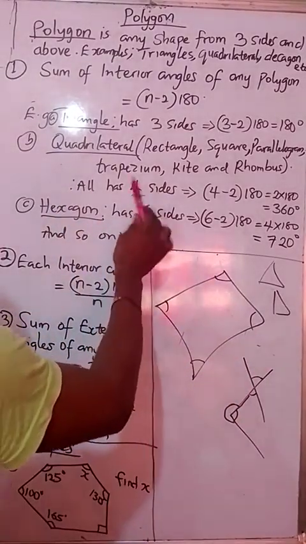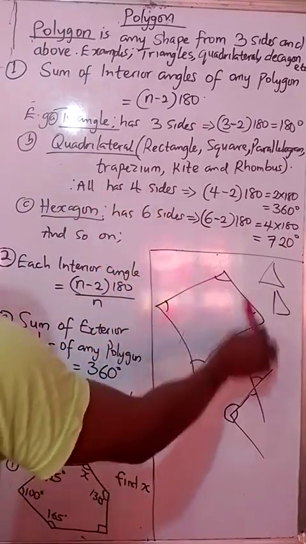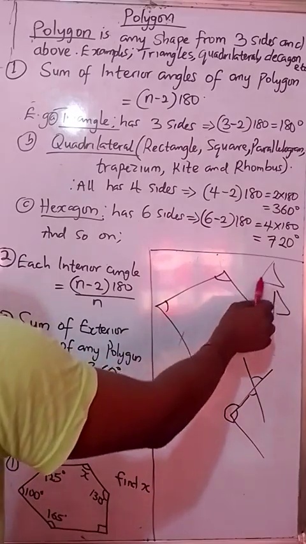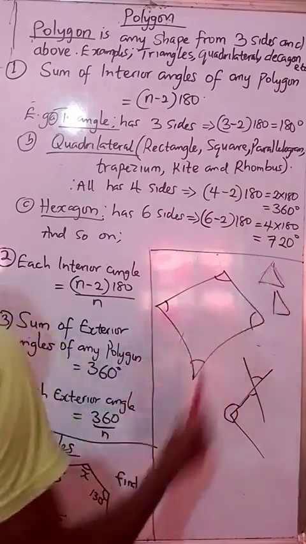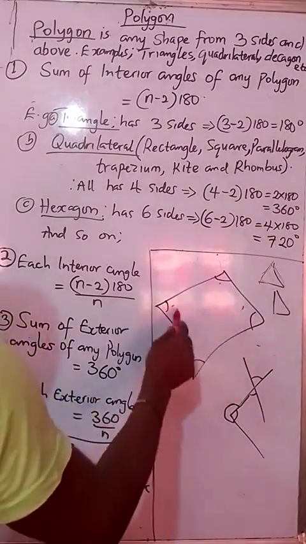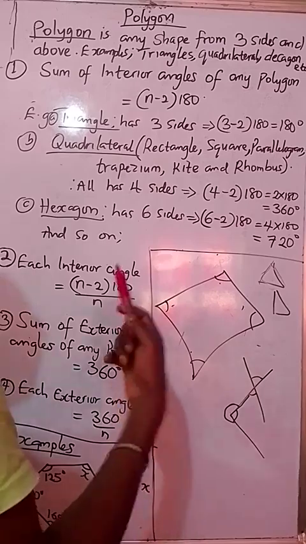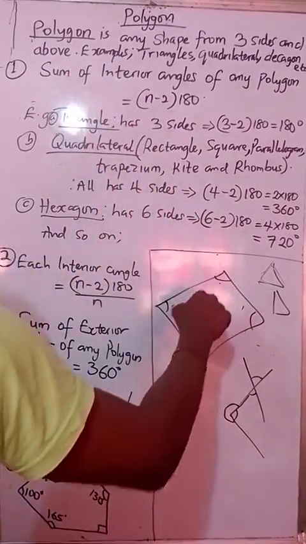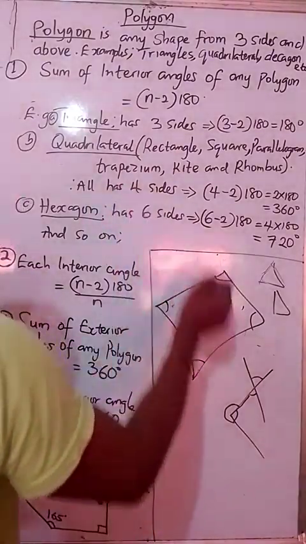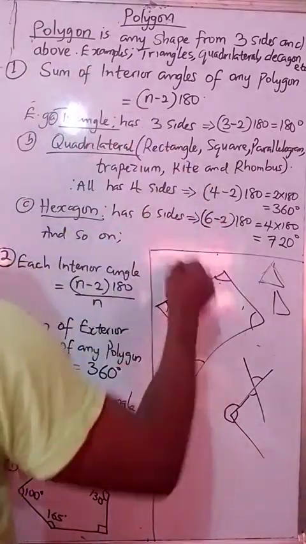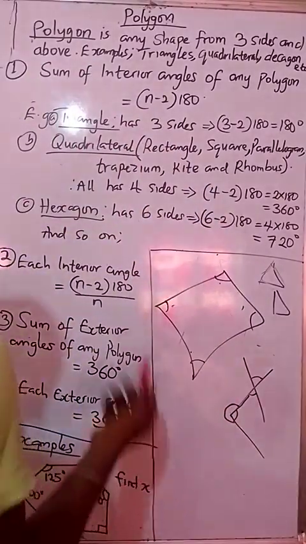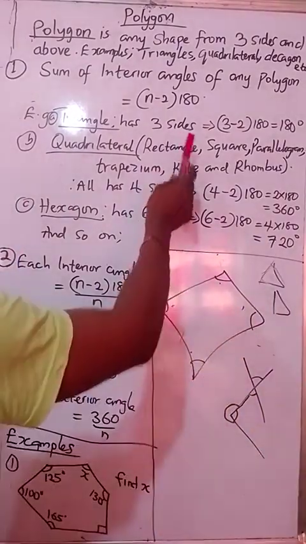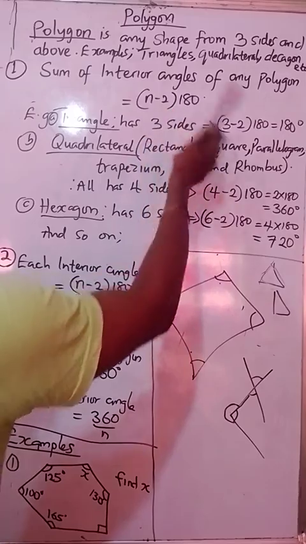So for a quadrilateral, the same thing. A quadrilateral has 4 sides and 4 angles, the same thing with a triangle, 3 sides and 3 angles. So the sum of angles in a quadrilateral is 360. How did we get that? Using the same formula, the sum of interior angles of any polygon is (n minus 2) times 180.